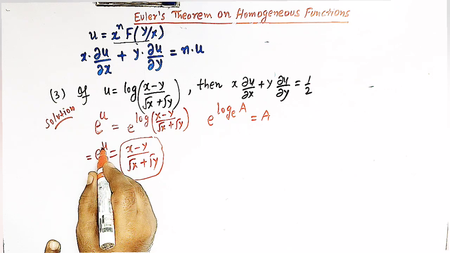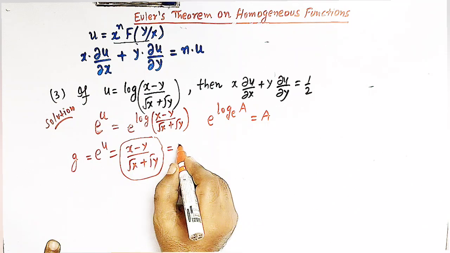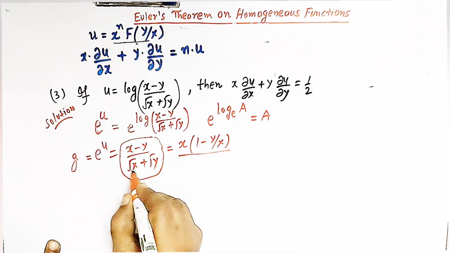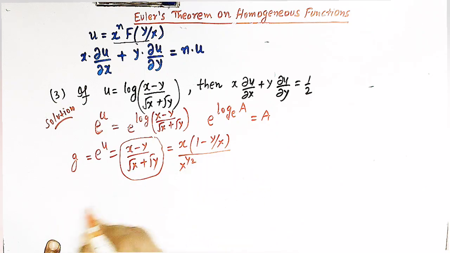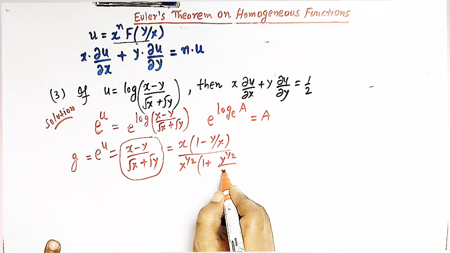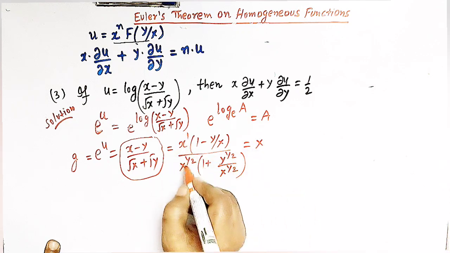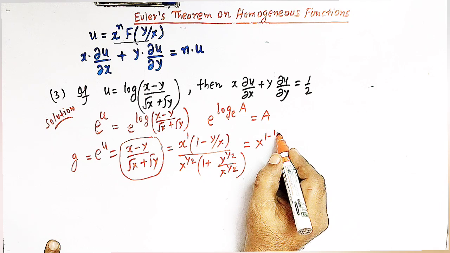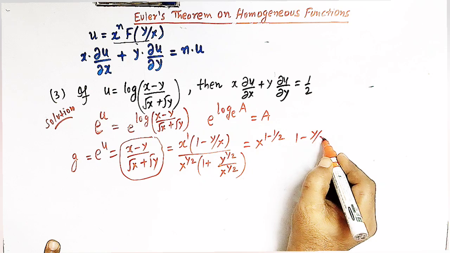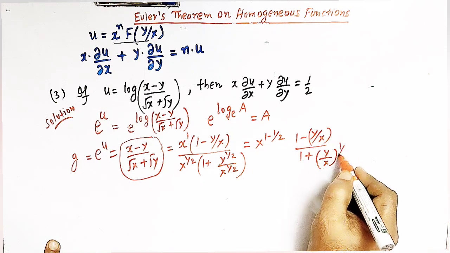So let us take e raised to u as a function, say g, and taking x common in the numerator, we have 1 minus y over x, and in the denominator let us take x raised to half common. So we have 1 plus y raised to half divided by x raised to half, and here we have x raised to 1. So using laws of exponents, we have x raised to 1 minus half, and 1 minus y over x over 1 plus y over x raised to half.